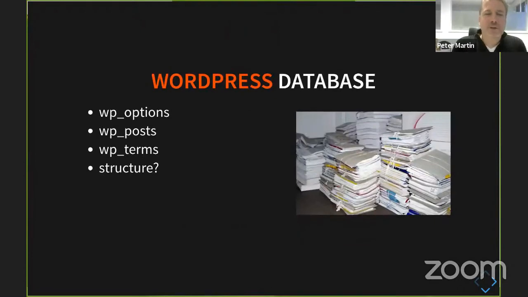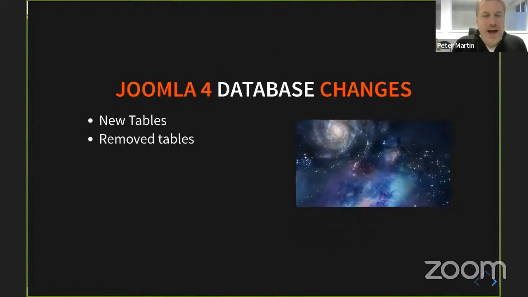I compared it a bit with WordPress. I looked at what happens there when you try to do the same stuff with the core. And I just showed you some database changes from Joomla 3 to 4, that we have some new tables, and some have been removed, and some have changed a bit.